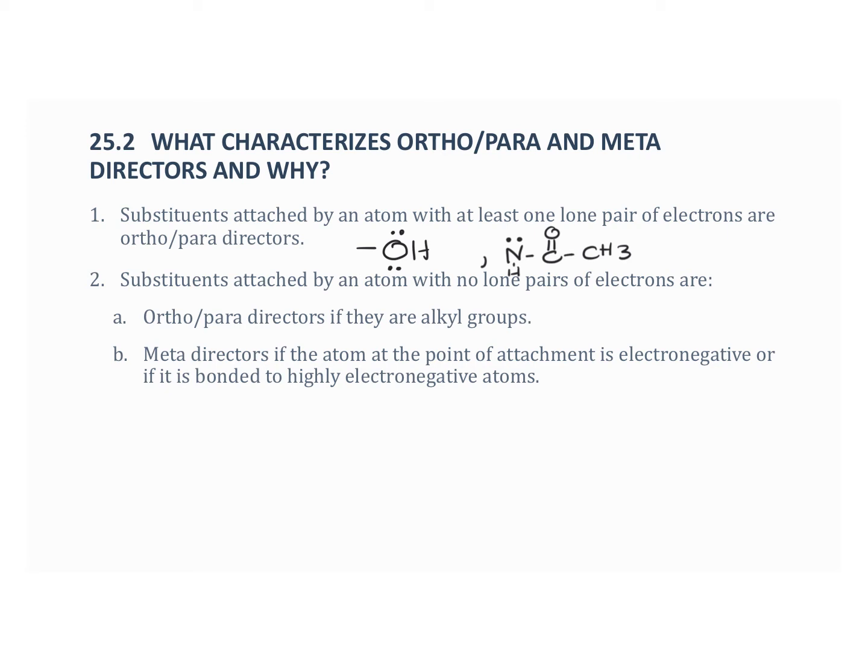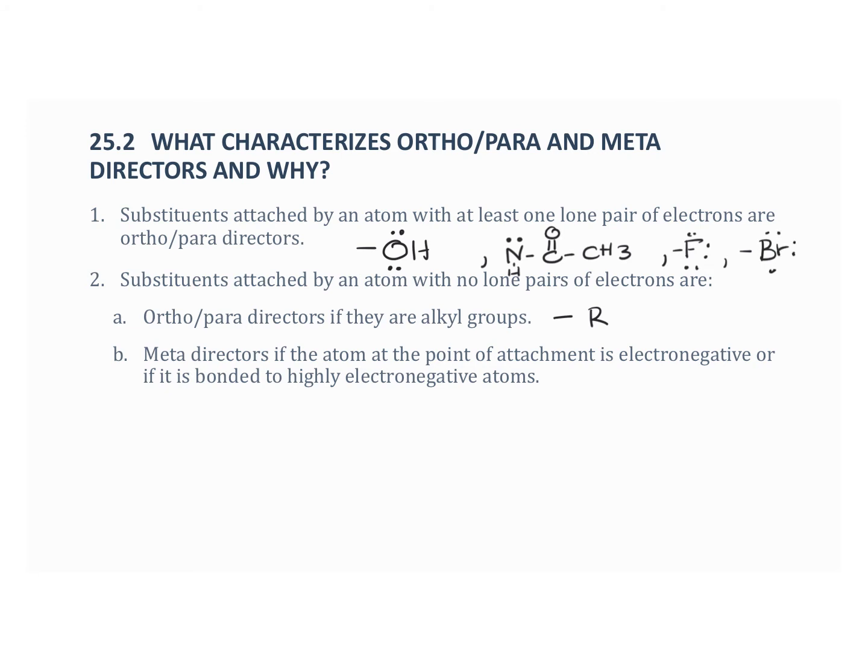We've got a lone pair of electrons there. But then we also see substituents that are attached with no lone pair, and they are ortho-para directors if they are alkyl groups. And so that would be like an R group, right? So that CH3 group. Also notice that all your halogens have a bunch of lone pairs on them, right?